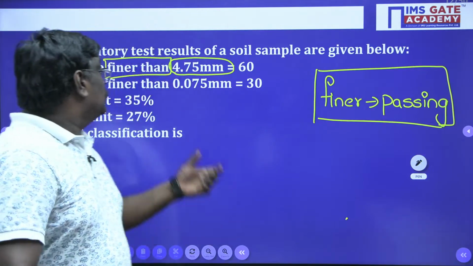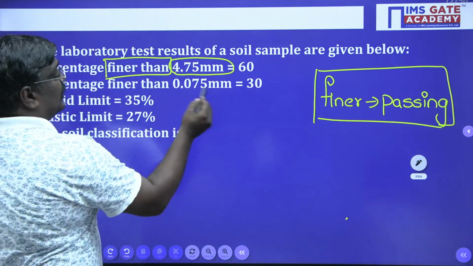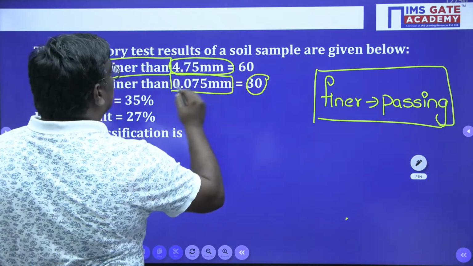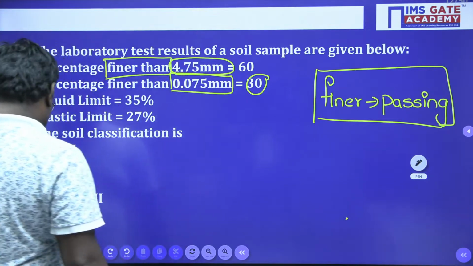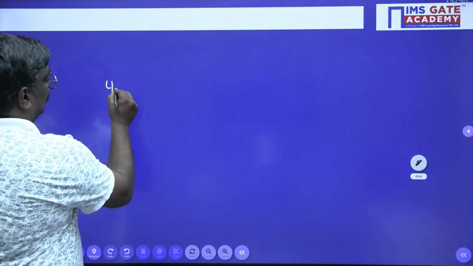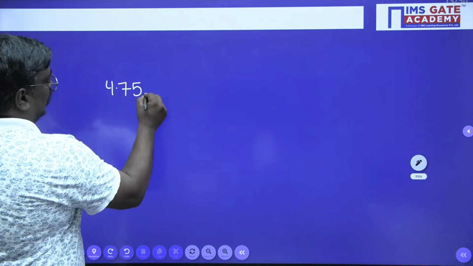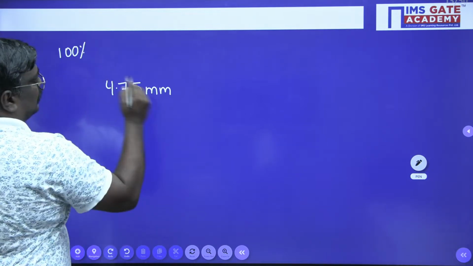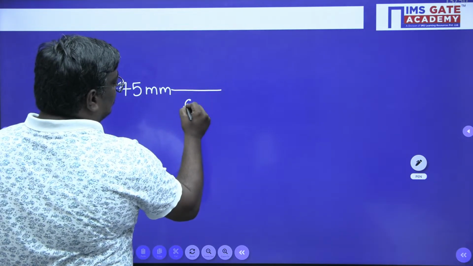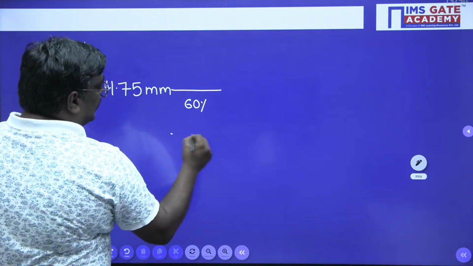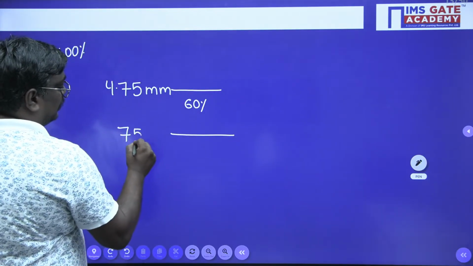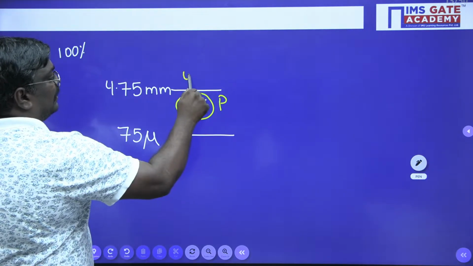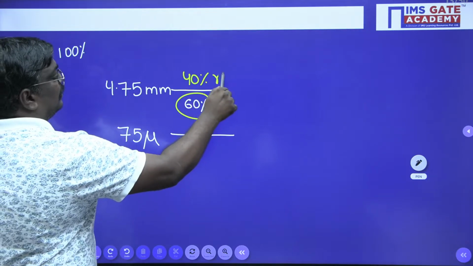Agree, students? So here the percentage finer is how much, sir? For 75 micron, it is 30. Now see, if I take the 4.75 mm sieve and the total is 100 percentile, here 60% is passing. So if 60% is passing, 40% will be retained.